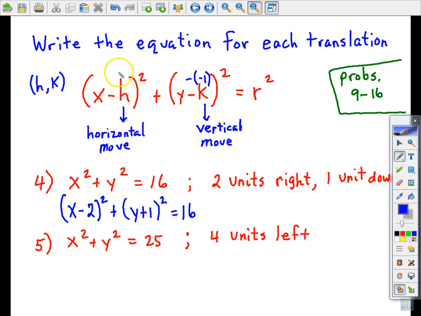Well, if I replace this h with -4 to represent a left move, and I subtract -4, then I'm going to end up with x plus 4 squared. And since I did not do any vertical movement, then the y variable is not affected at all. And then, of course, I'm going to let this equal 25. So that would be my answer for problem number 5.